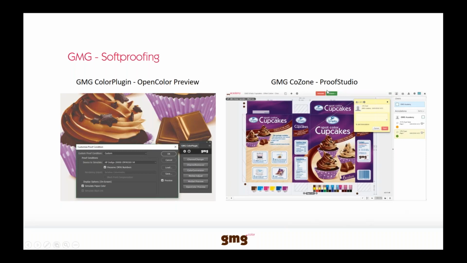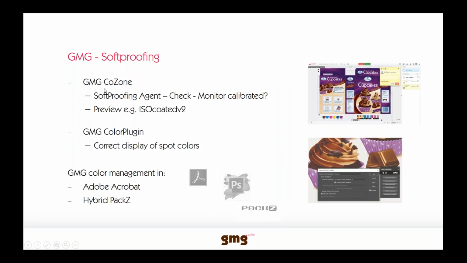Also, I want to show you our collaboration tool. It's to handle files between customers, suppliers, and pre-press departments, and you can make annotations, and therefore we check now if the monitor is calibrated. So switch over here in GMG Cosin, you see it here on the right hand side top.